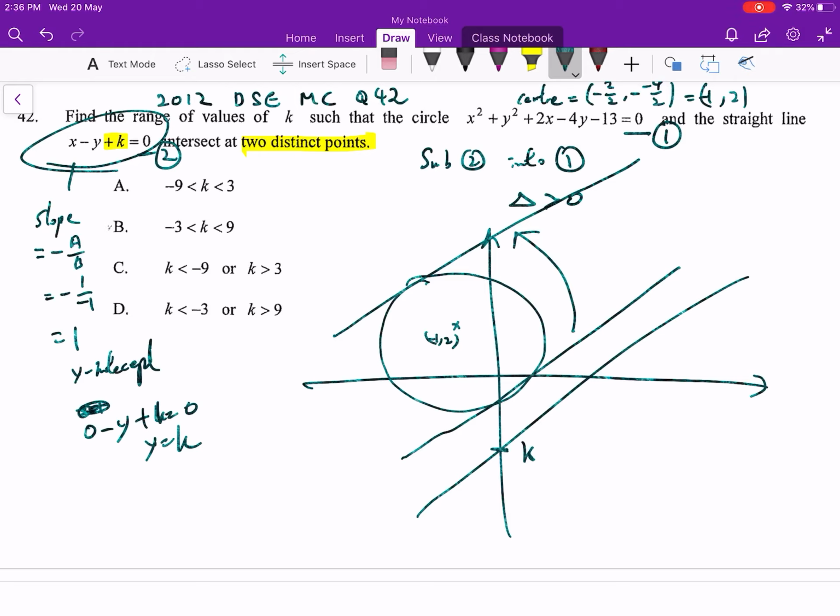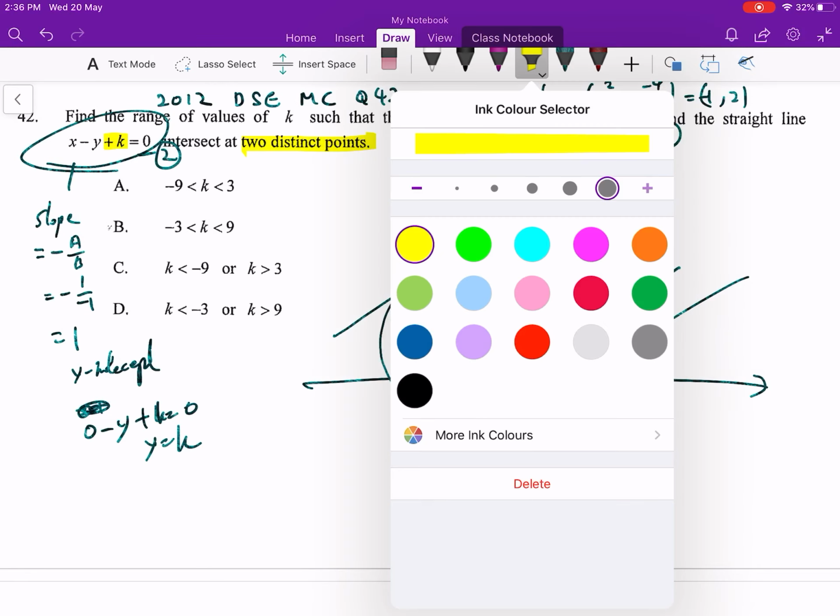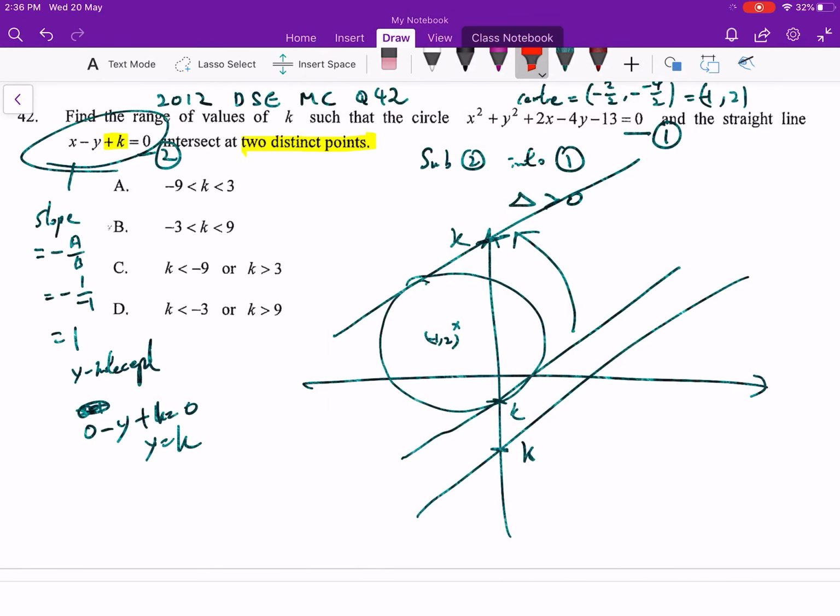That means your k is right here or until right here. So you can see that your k will be bound between two values, because you want the straight line to meet the circle at two distinct points. These two values may be the answer, okay? Understand?